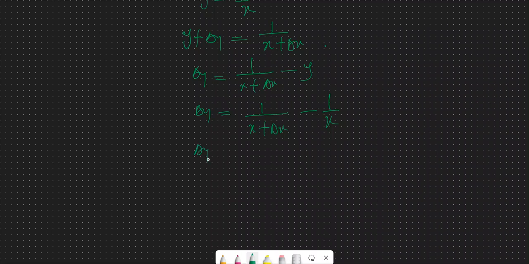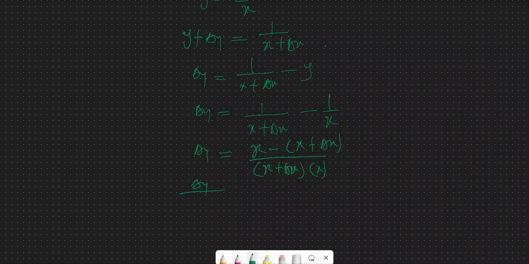So changing y equals 1 over x plus changing x minus 1 over x. We have LCM. So our LCM is x plus changing x, into bracket x. Then in this LCM we are left with x times 1, we have x, then minus x plus changing x.